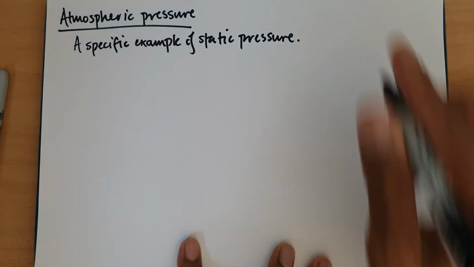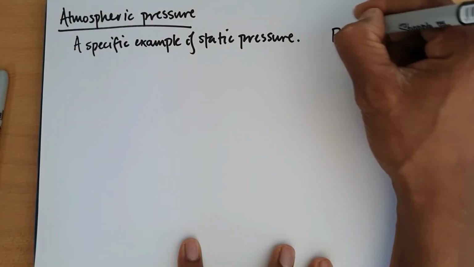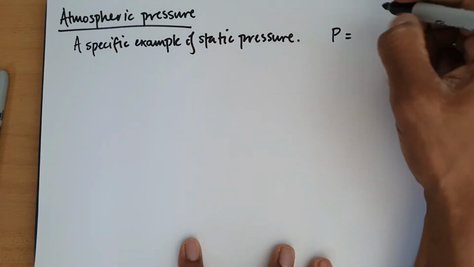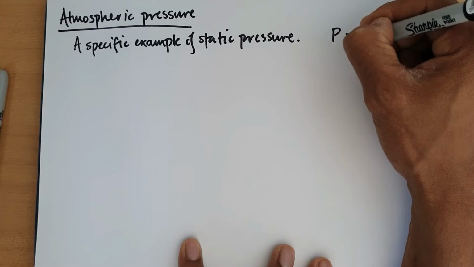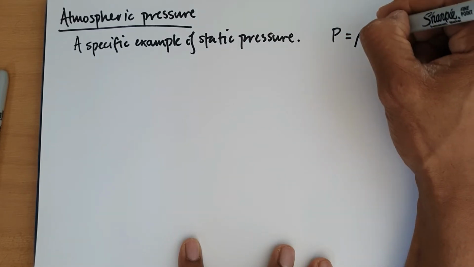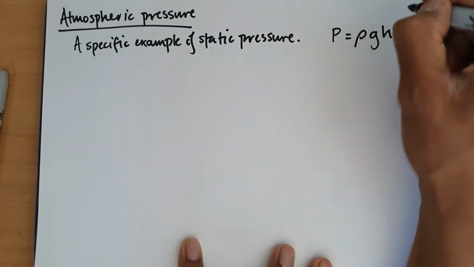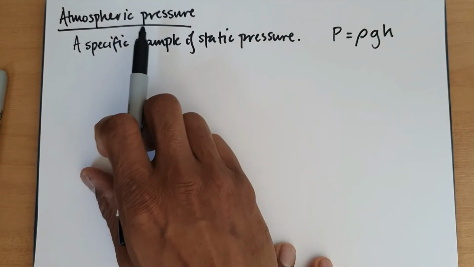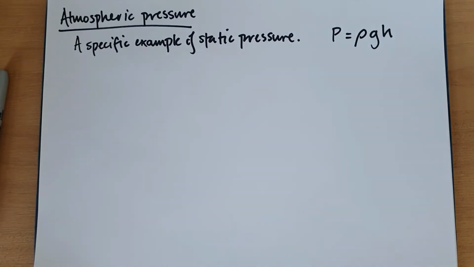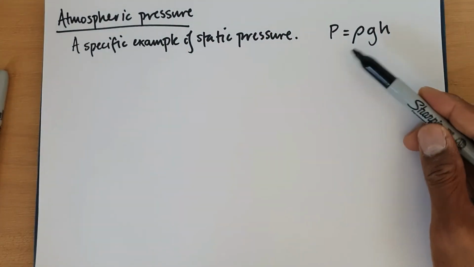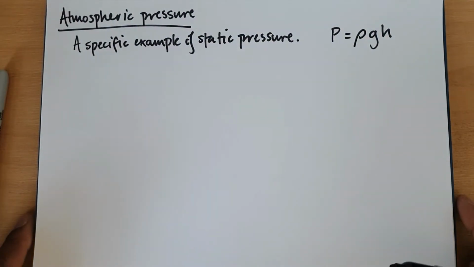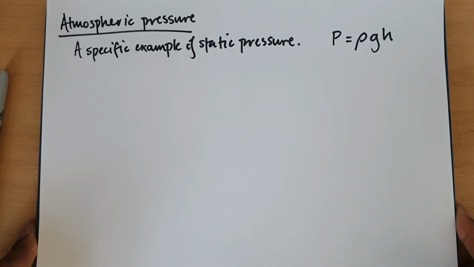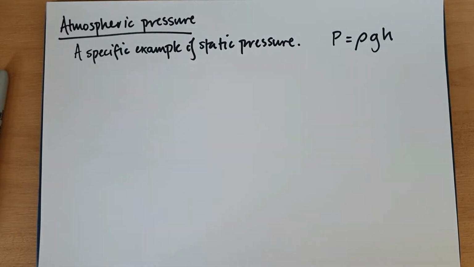So on the last page, we wrote an equation which looked like this. Static pressure is equal to rho g h. And actually, when we talk about atmospheric pressure, it's just the pressure in the atmosphere due to depth in the atmosphere.